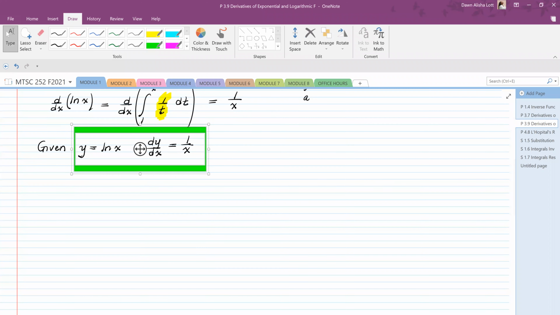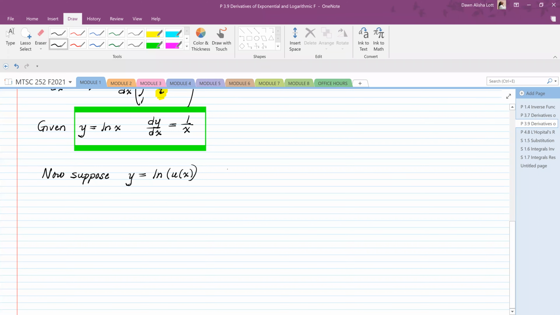All right, well, let's suppose it's a function of a function. So now suppose I have y is equal to the natural log of u of x. Okay, well, now I need to use the chain rule. So for the chain rule, I have y is equal to the natural log of u, and u is some function of x.